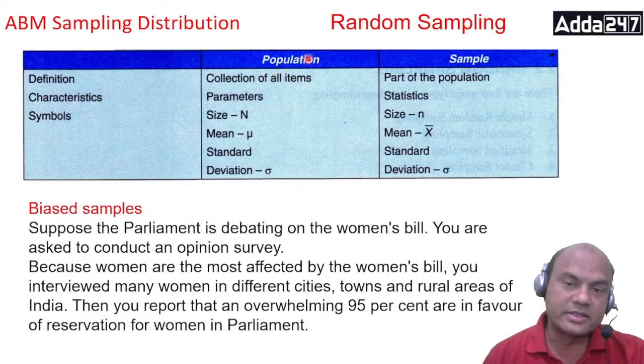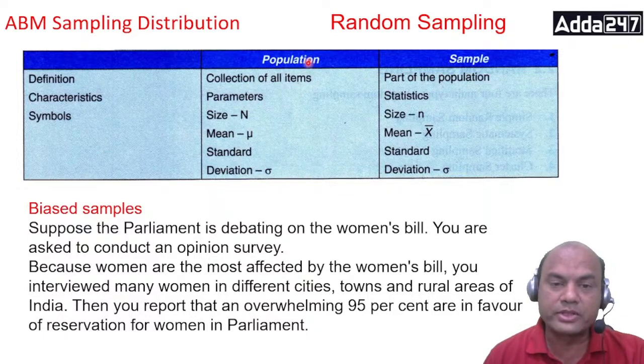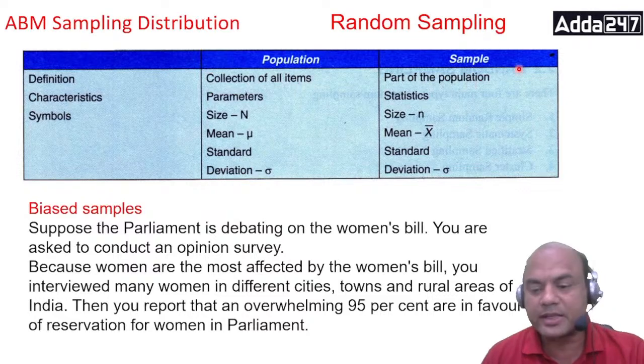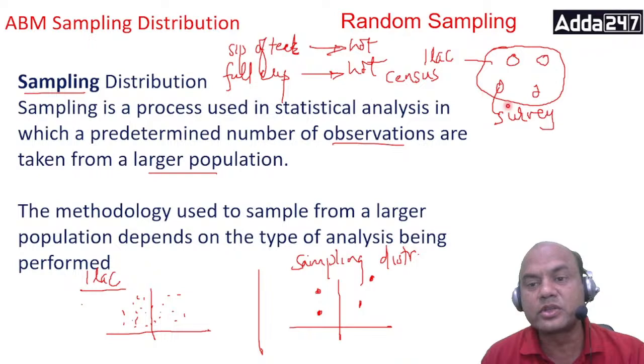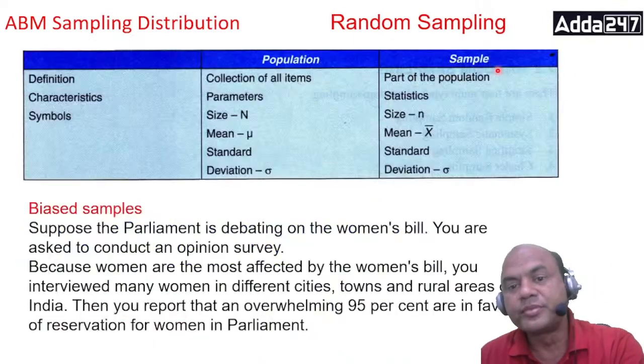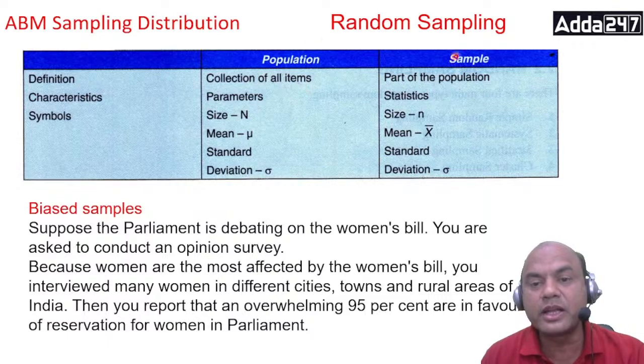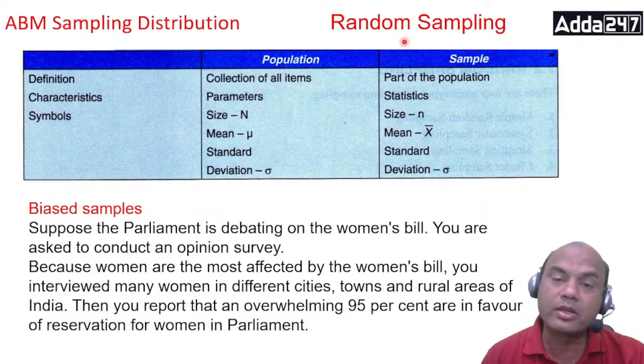Now look at this. Some important points over here. There are two parts. One is population and second is samples. As I've shown you over here, this full circle is known as the population, 1 lakh people. And the samples which I take, these points, are known as samples. So this is the population as a whole and then we have the sample. Now what are the terminologies used for the population and the sample?